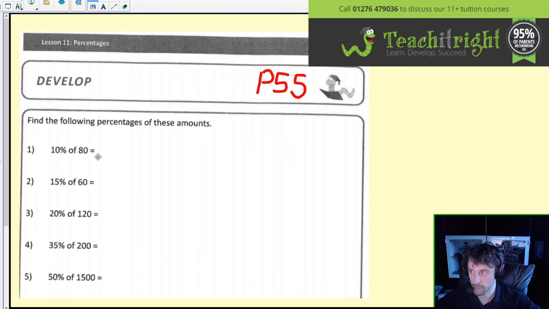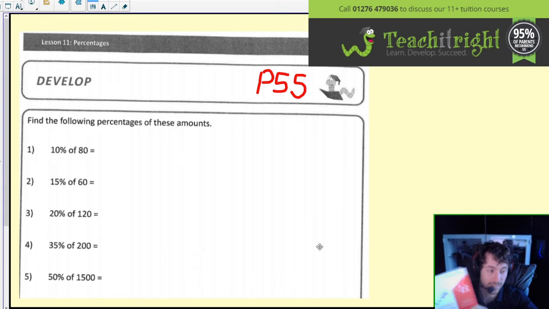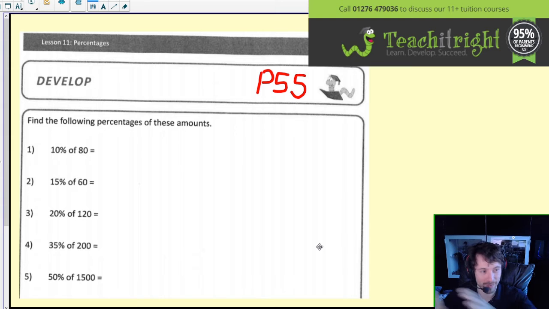You can pause the video here if you want to and have a go yourself. But if you do need a bit of a hint and you're not quite sure where to go, and you've got the book, you can go back to page 54 and read through some really well-written instructions that go into a bit more detail than my quick example. But I'll also break up for you the percentages that I want you to work out.